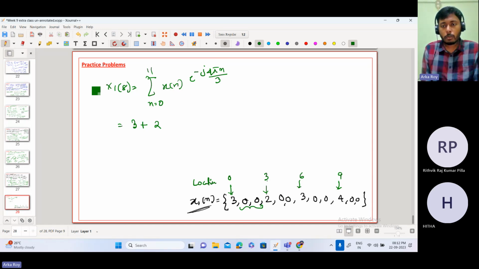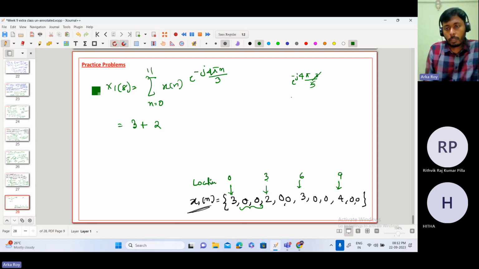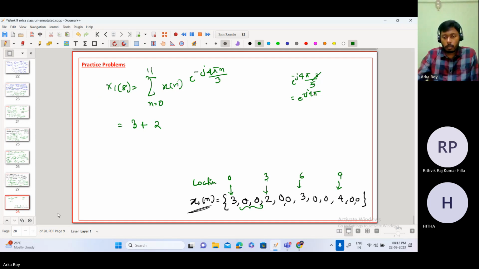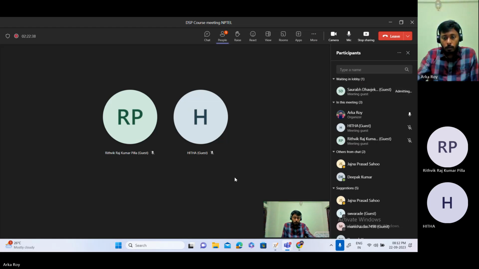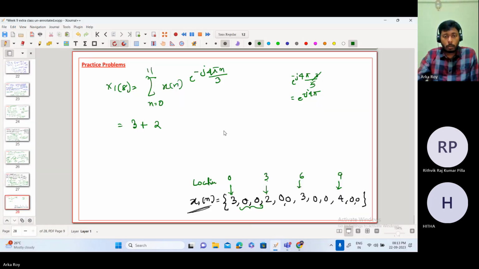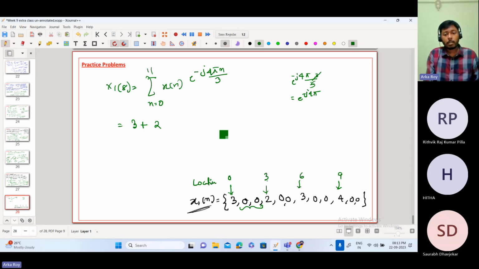Then in e to the power minus j 4 pi, the 3 upon 3 will cancel each other, so we get e to the power minus j of a multiple of 2 pi, where sin is 0 and cos is 1 when the multiple is even. So therefore 3 plus 2, and these are all multiples of 3, so it will follow the same rule.